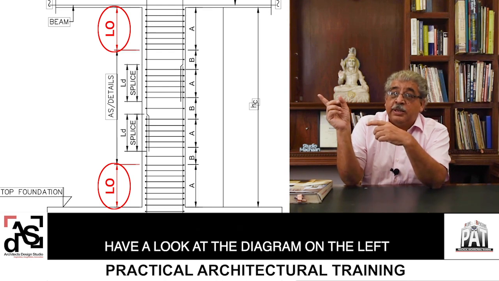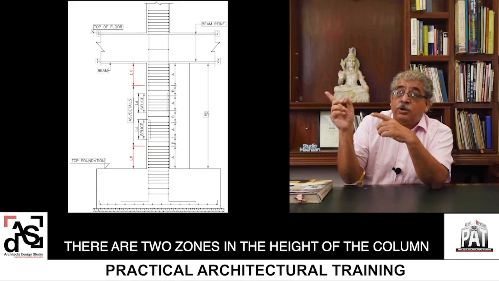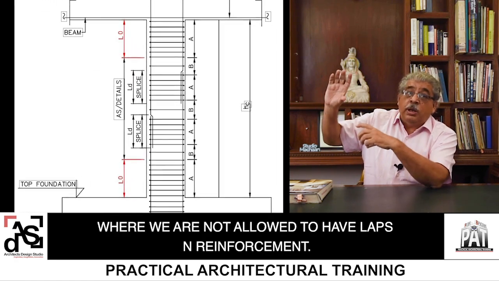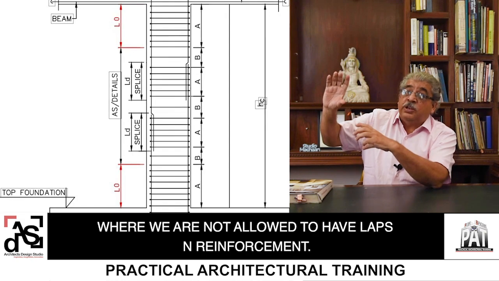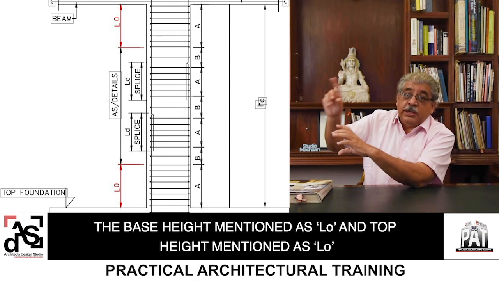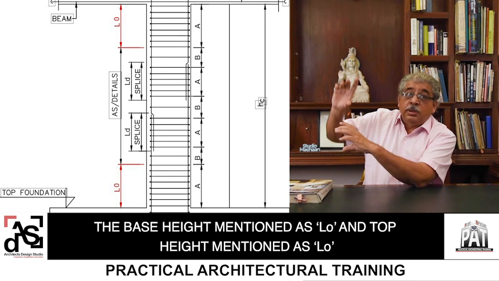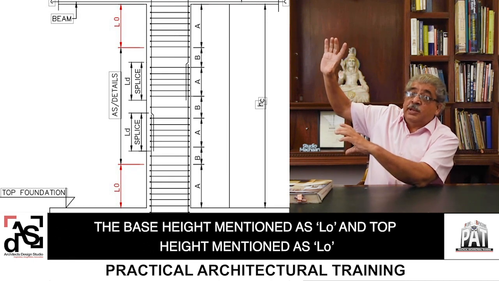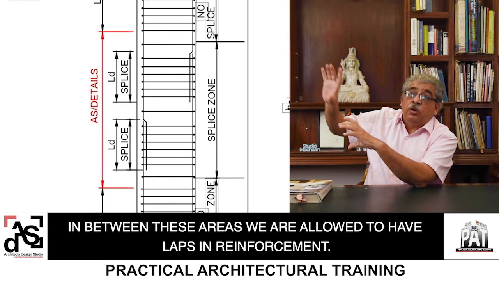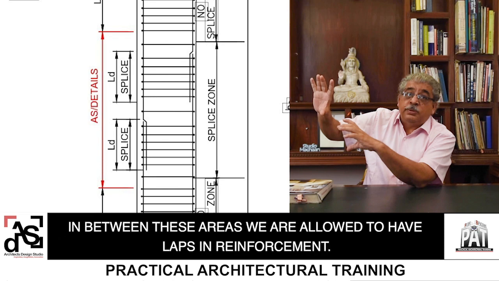Have a look at the diagram on the left. There are two zones in the height of the column where we are not allowed to have laps in the reinforcement. The base height mentioned as LO, which I had mentioned earlier also, and the top height mentioned as LO. In between these two areas, we are allowed to have laps in reinforcement.